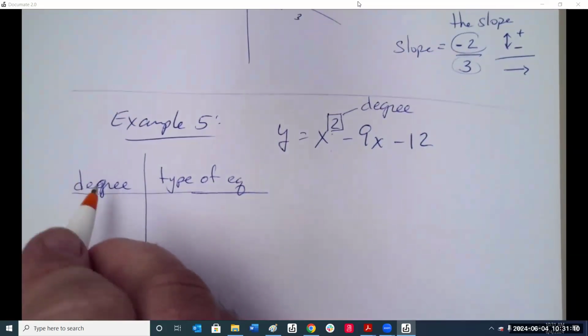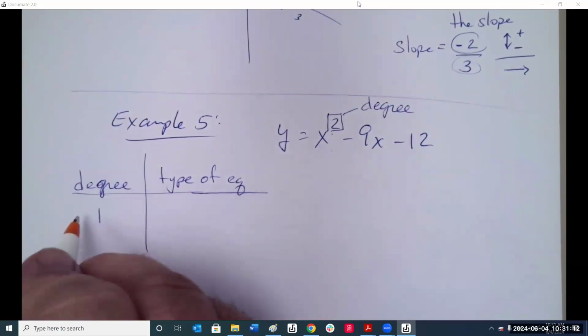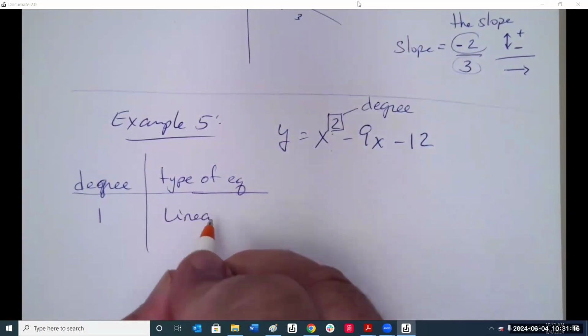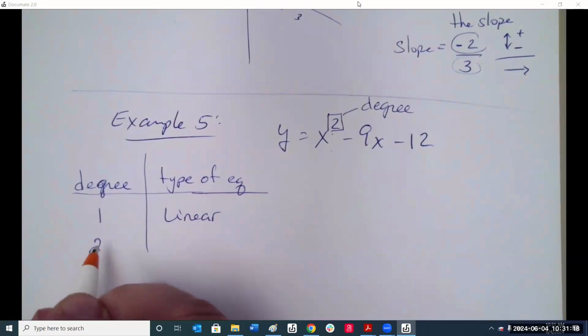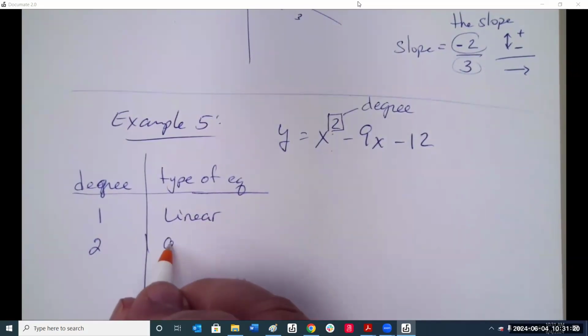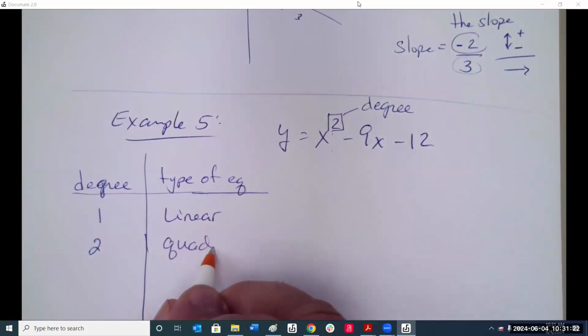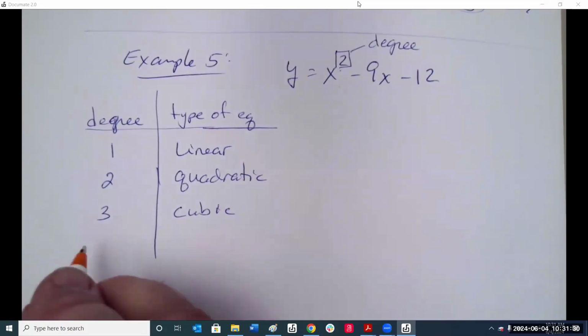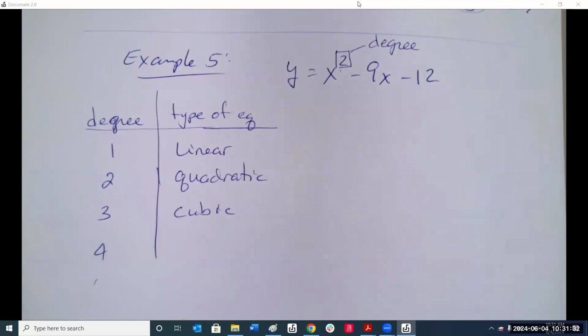So the degree, if it's a 1, if there's nothing up there, it's linear. If it's a 2, then it's quadratic. If the degree is 3, it's cubic. If it's 4, 5, and 6, it has other names, quartic, quintic.